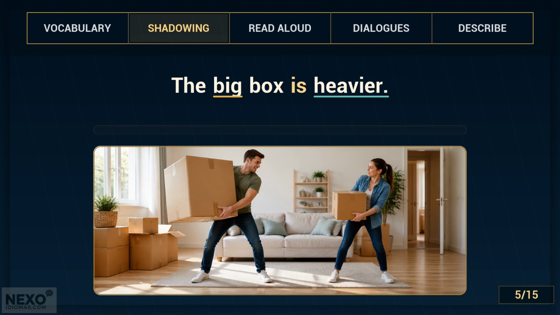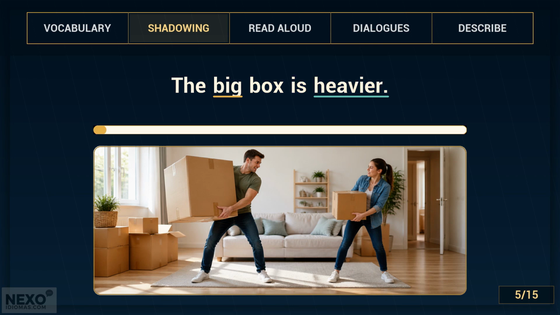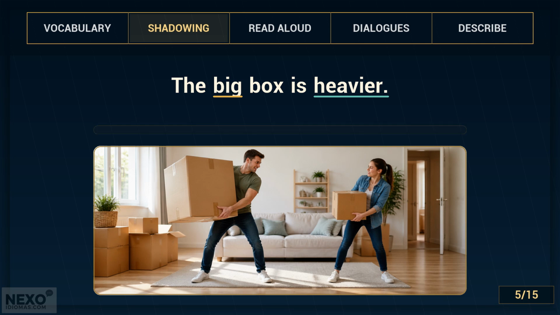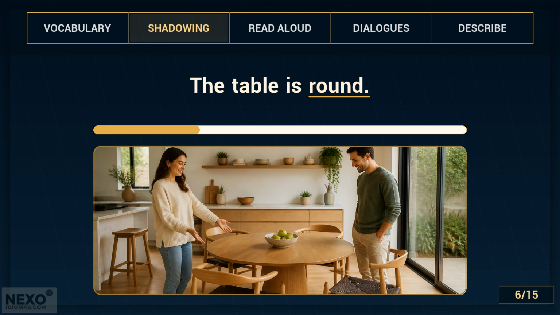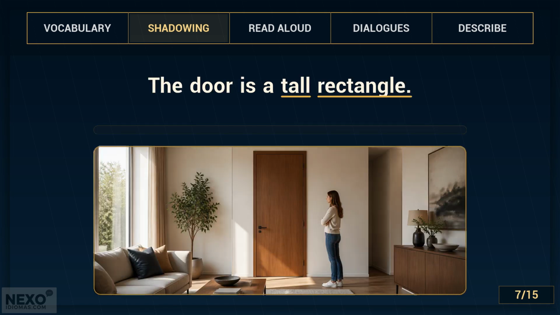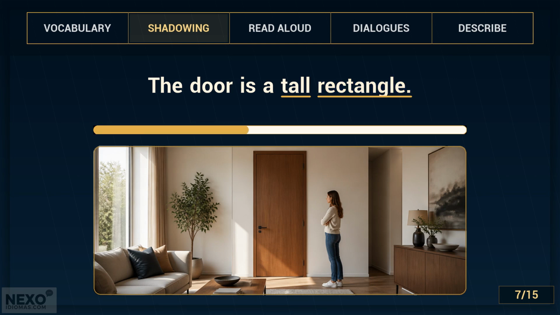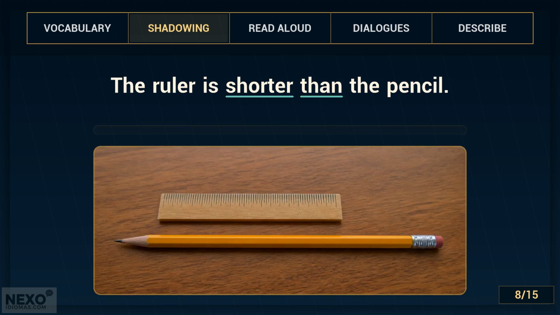The big box is heavier. The table is round. The door is a tall rectangle. The ruler is shorter than the pencil.